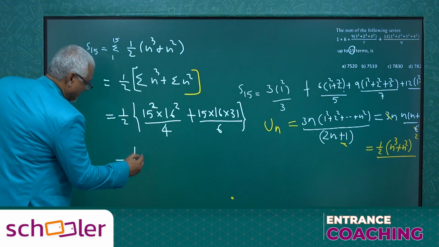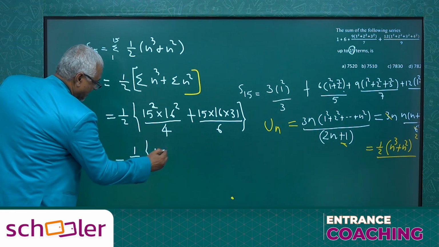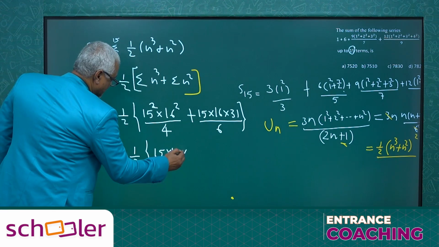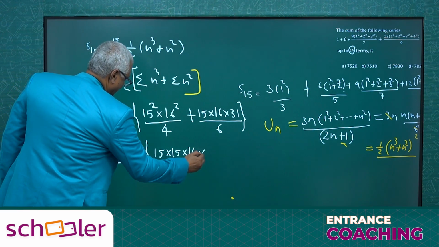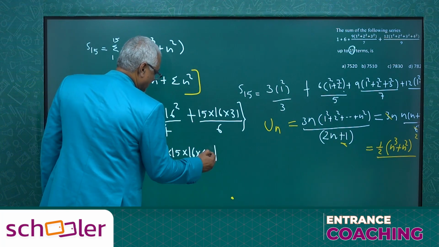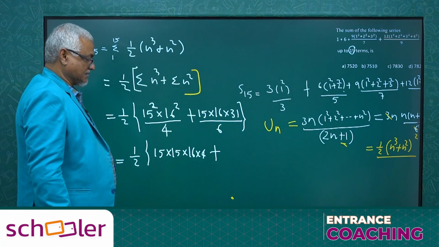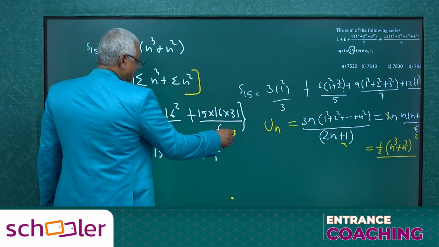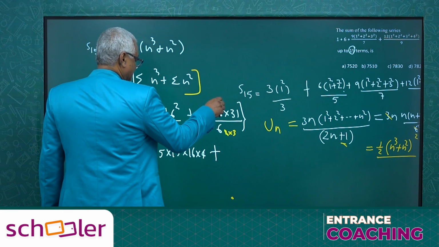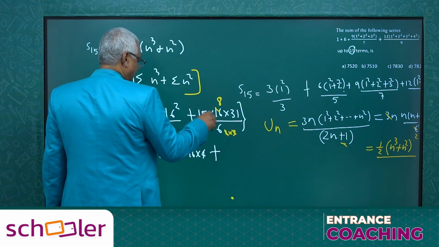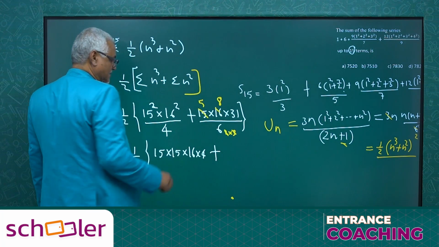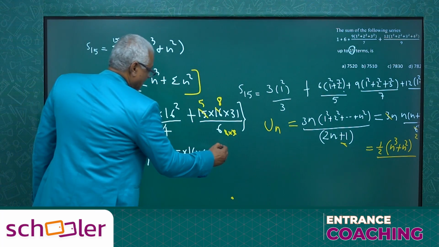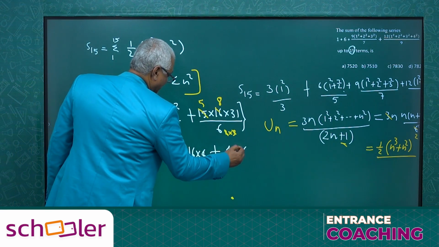We get 1 by 2 times 15 into 15 into 16 into 4. And here, of course, we can write 6 as 2 into 3. 2 will cancel in 6, 8 times. 3 will cancel in 15, 5 times. So we get 5 into 8, 40 into 31.